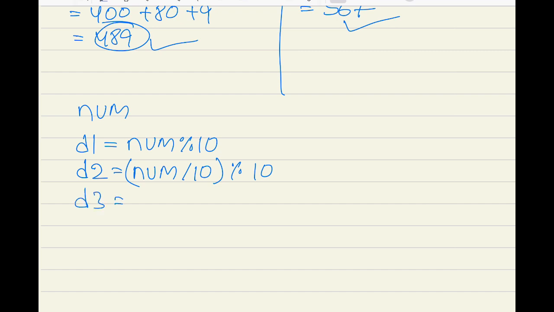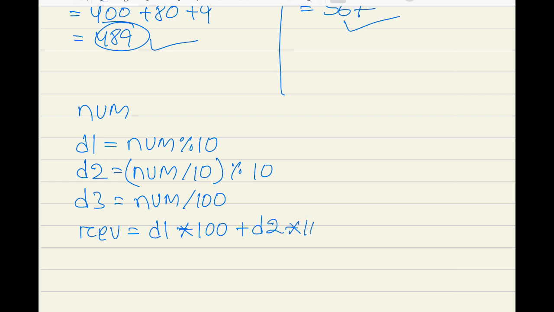Similarly, how to find d3? So d3 is the digit that is at the 100th place. So to find that, just num divide by 100. Then how to find reverse? To find reverse, simply multiply 100 with d1, then multiply 10 with d2, then multiply 1 with d3, or directly you can write d3.